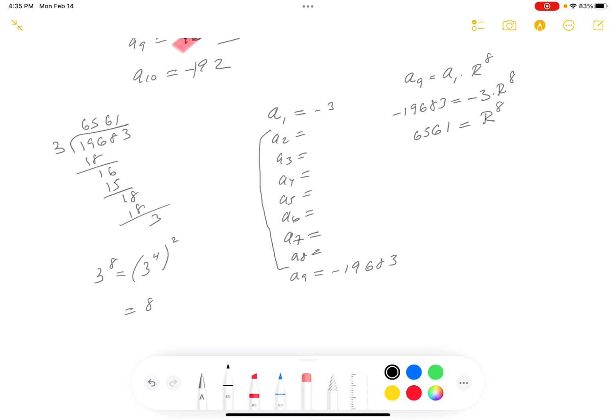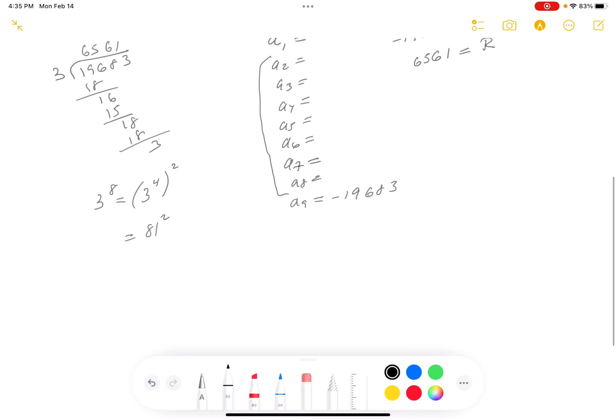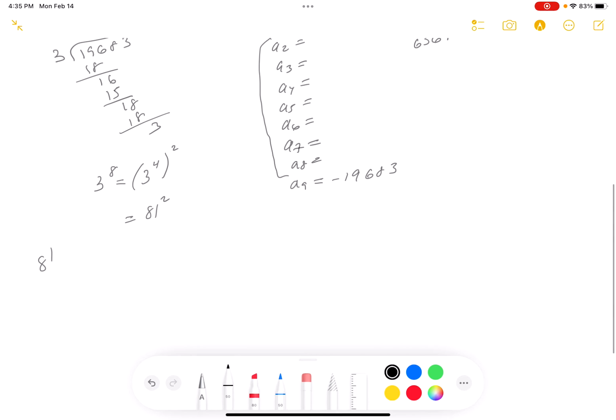So it's 81 squared. I'll do the arithmetic. 81 times 81. Well, that's going to be 81, because 1 times 81 is 81. And then 8 times 1 is 8. And 8 times 8 is 64. That's 6561.